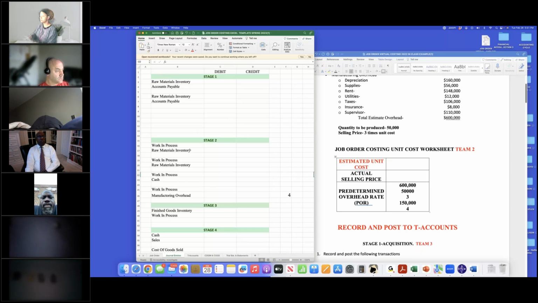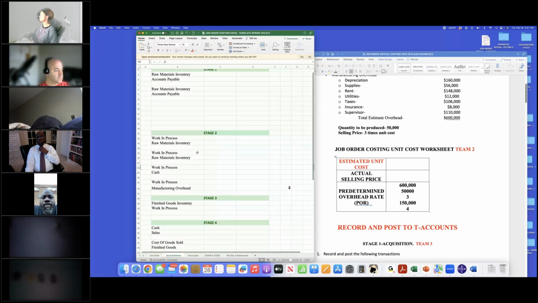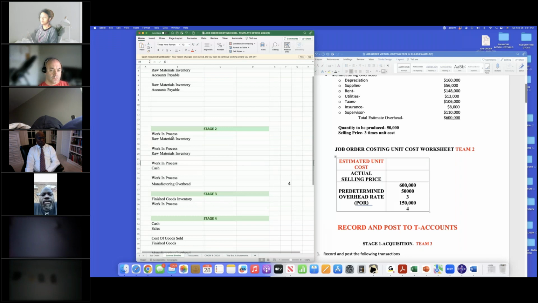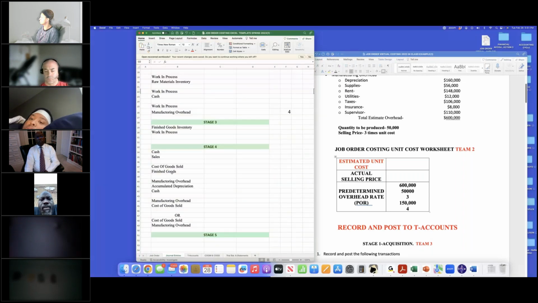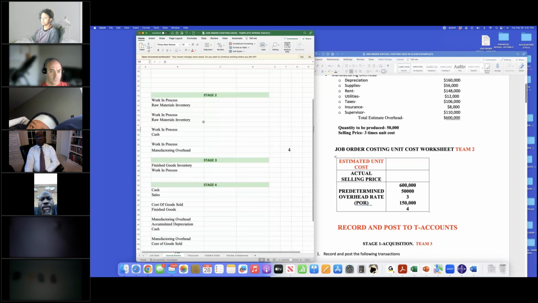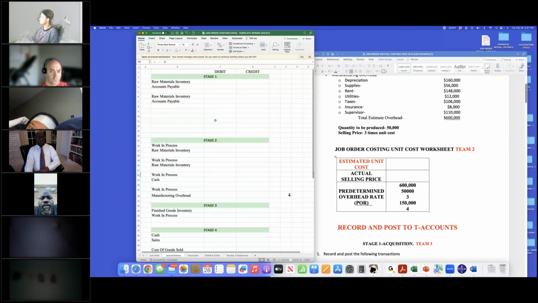You'd have a transfer of raw materials for every raw material you have. Stage 3, finished goods, work in process. Stage 4, cash sales, cost of goods sold, finished goods, and the actual overhead. These don't change. So when you work the problem, you just have to calculate the numbers and put them in.